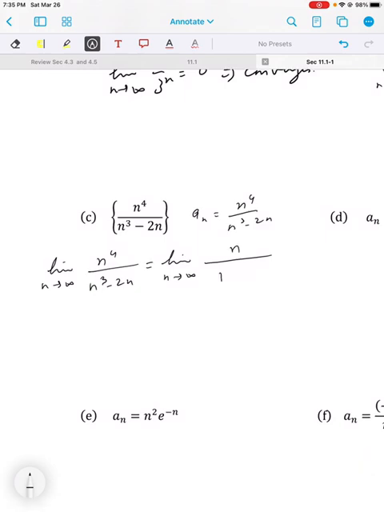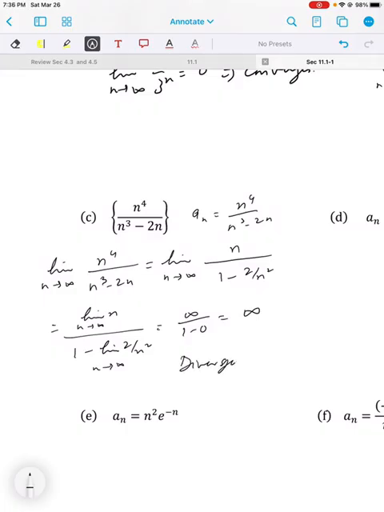At the bottom we get 1 minus 2 over n squared. And when I apply the limit to wherever the n is, this gives us infinity over 1 minus 0 or infinity. So in this case, the sequence diverges.